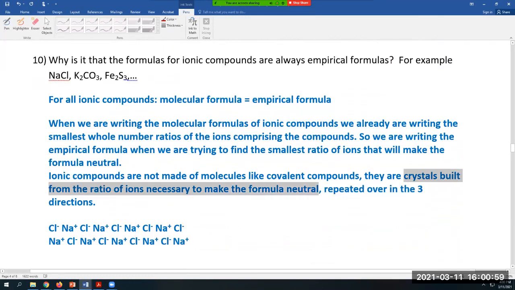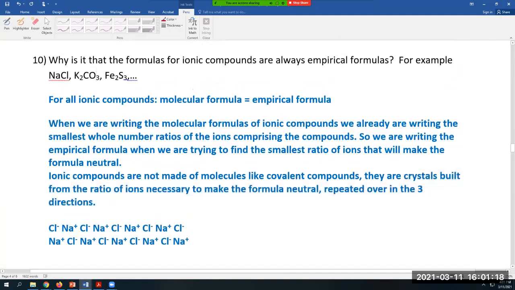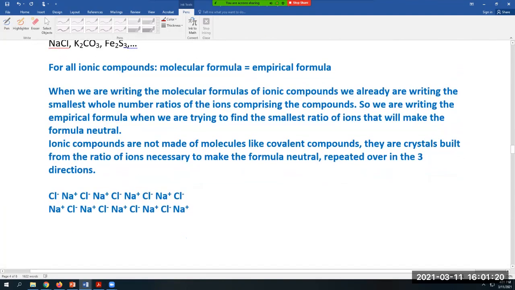And it's this ratio, this formula, that is repeated over in the 3 directions, X, Y, Z. You get this same formula repeated over and over, and then you get crystals of that. For example, in NaCl, for every Na plus, we have a Cl minus. So they are intertwined like that, and always one Na between 2 Cl, and always one Cl between 2 Na.